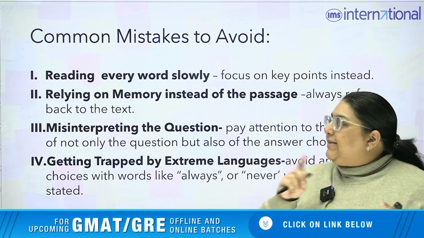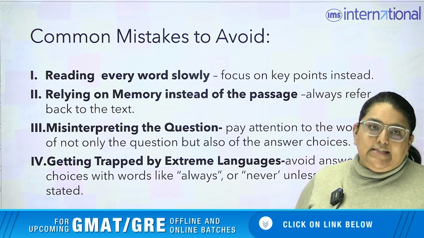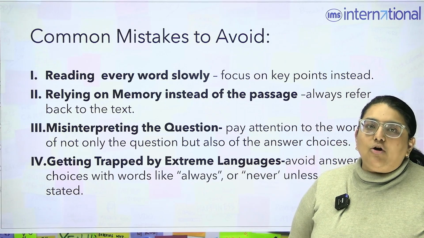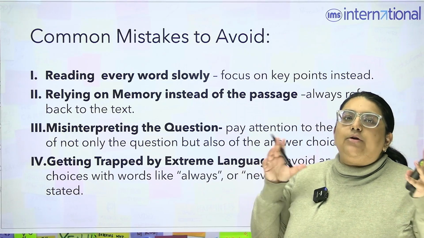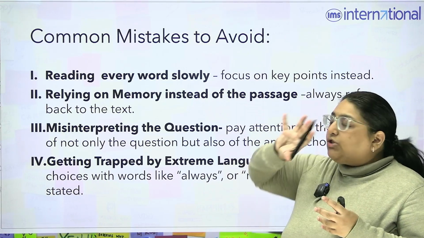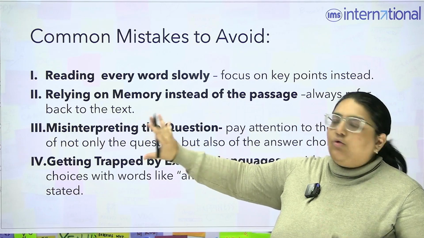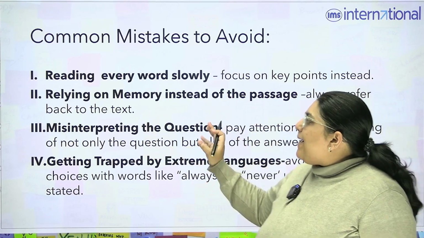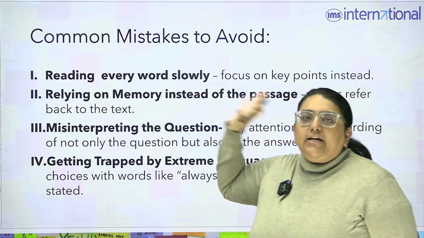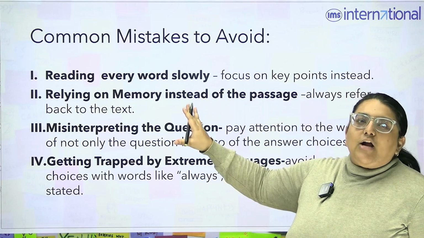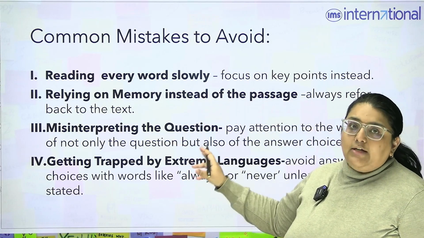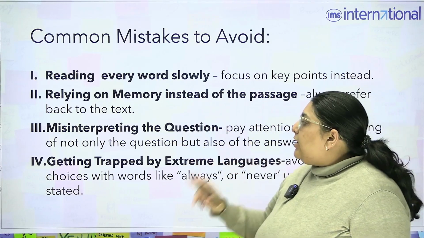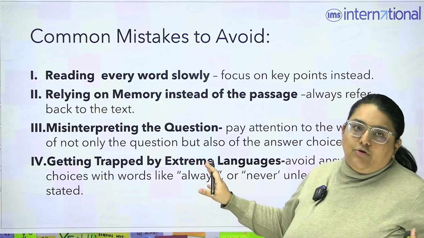That is our second common mistake: do not rely on your memory, and do not try to remember everything. The passage is always there on the screen. You can go back to any part of the passage, read it again, verify your answer and only then mark your answer choice. Third, do not misinterpret the question.